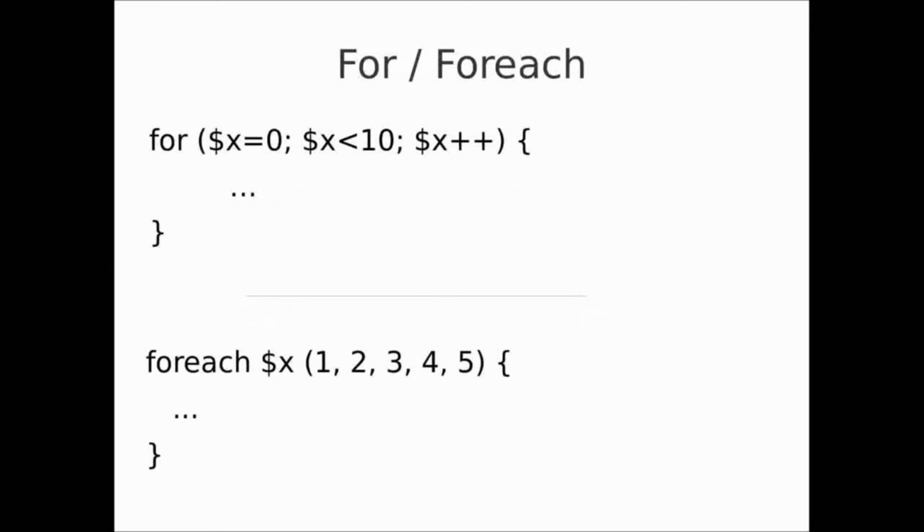And then there are two commands, for and foreach, that iterate over ranges of numbers. So for example, for, in a very standard construct, just like you'd see in other languages, for $x equal to 0, $x is less than 10, add 1 to $x, do that loop. The foreach construct is somewhat unique, which is foreach $x in an array.